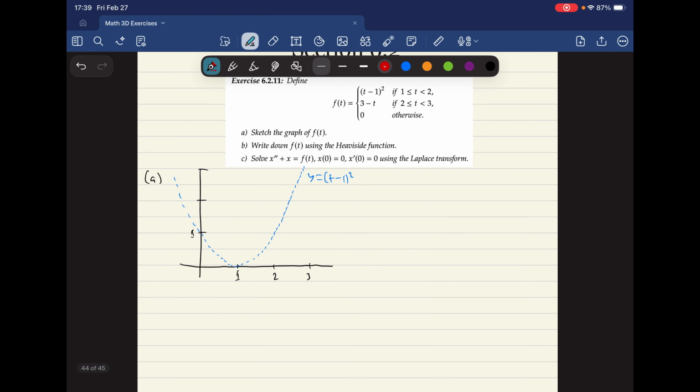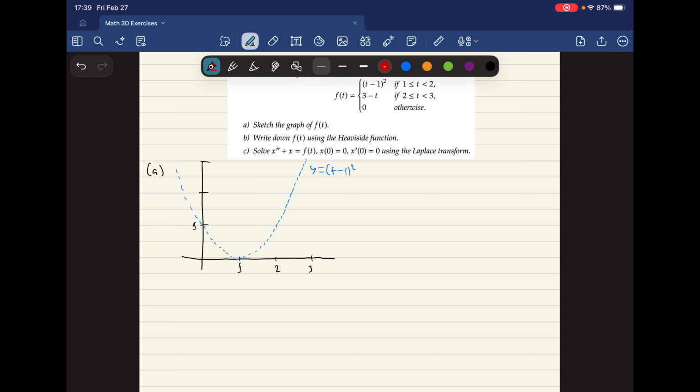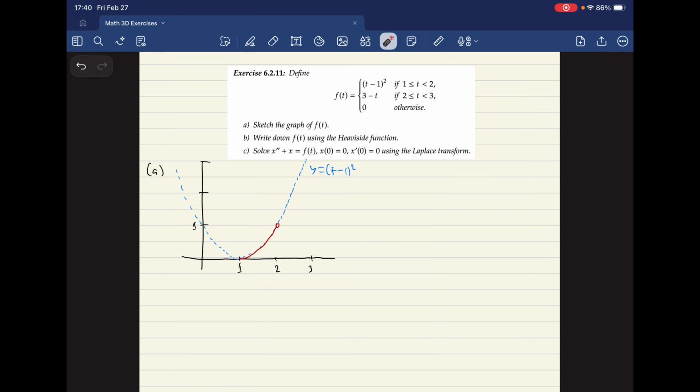But I only want the portion from 1 to 2, so I'm going to color in that portion right here. I'm going to add an open circle here at 2 for now because we don't include this endpoint, but we'll see in just a bit that at least for this function, this hole does get filled in.